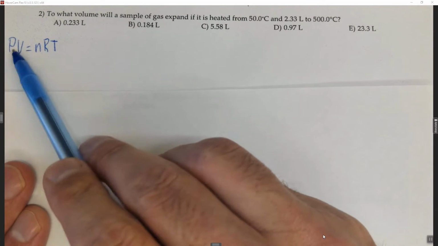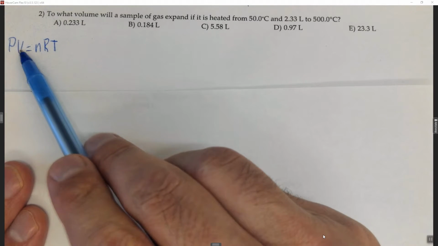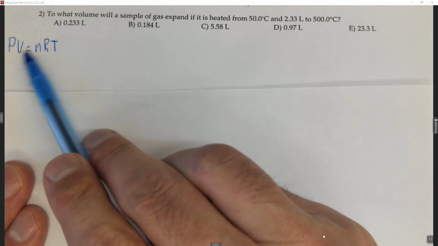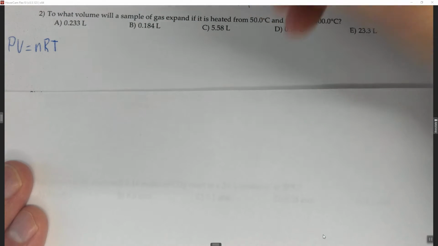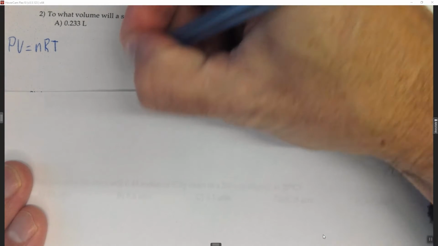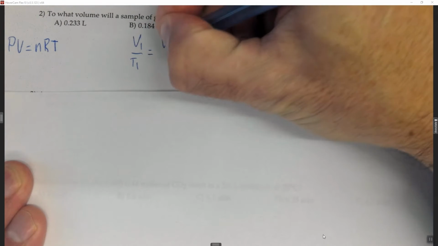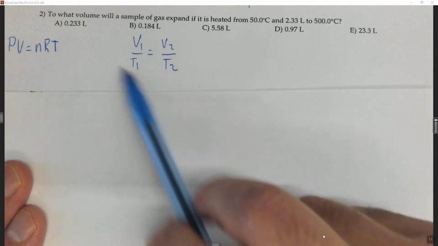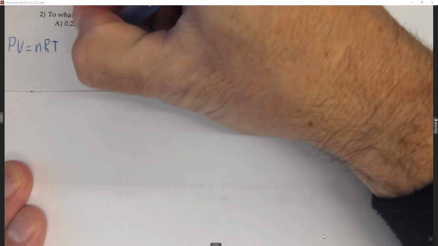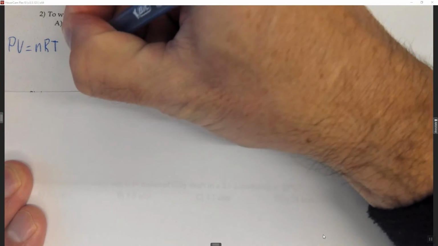And said another way, for these two sides to be equal, if this one goes up, this also has to go up for them to still be equal. Now, Charles' law, written individually and not in the presence of the other variables that are constants in this case, is going to be V1 over T1 equals V2 over T2. This is how you write a direct proportionality, and this one happens to be called Charles' law.